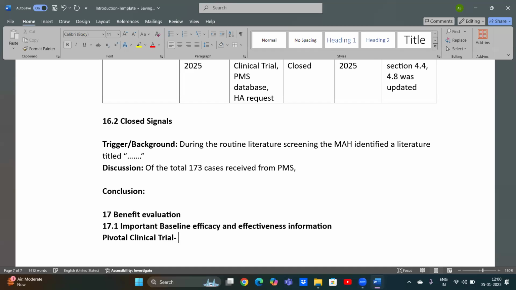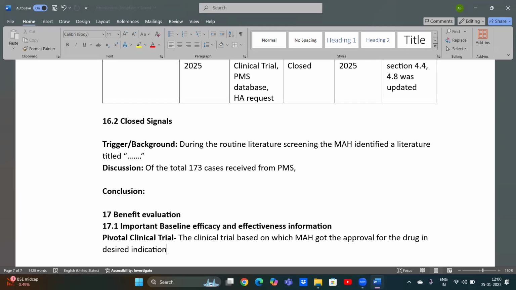So first clinical trial also you can say, but it is not appropriate to say. What is the definition? The clinical trial based on which the MAH got the approval for the drug in the desired indication. This is not a definition from any guidelines or something. This is what I am writing in my own language so that you can understand it.